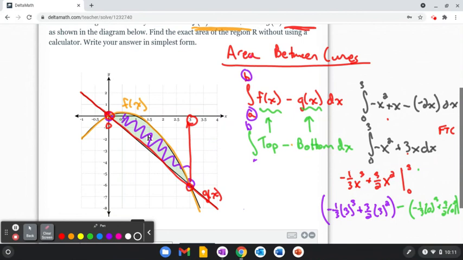So we've got now 3 cubed, should be able to do that in your head, is 27. So negative 27 thirds plus 3 times 3 is 9 times 3 is 27 halves. And then we got minus 0 over here. This all goes to 0.